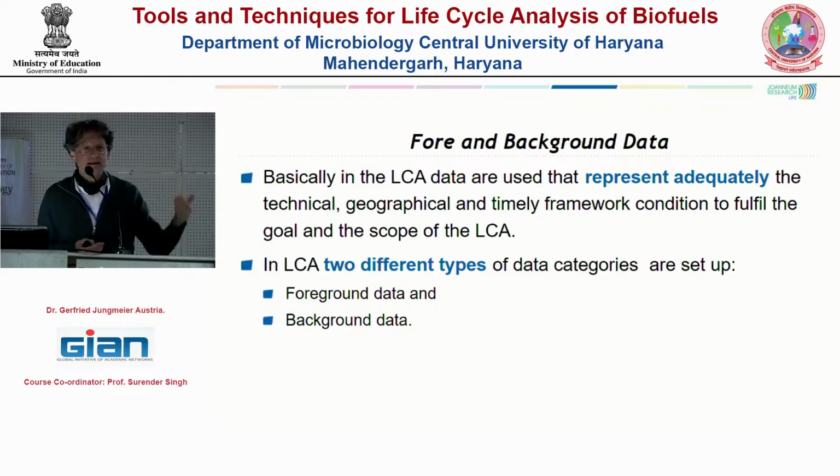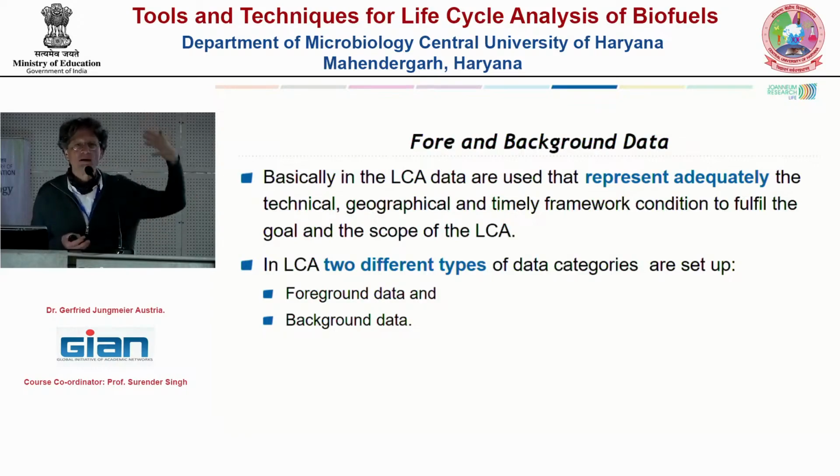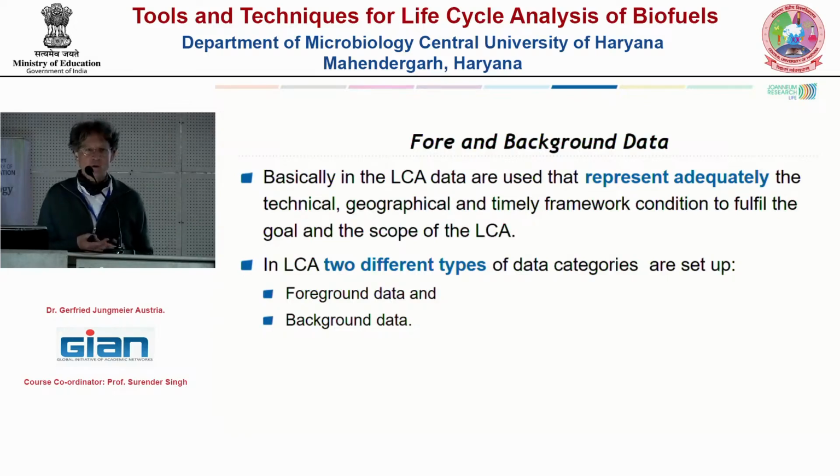Secondly, if they need electricity and they tell me this electricity is coming from the Indian electricity grid mix, for example, then I can say, okay, the electricity generation in India, that is more or less a background data, because in databases you find information how electricity is generated here. So normally in your LCA, you go in the database and take this information, and you don't have to model the overall electricity supply from India. Or if you need natural gas or you need gasoline in your process, of course you can look in databases.